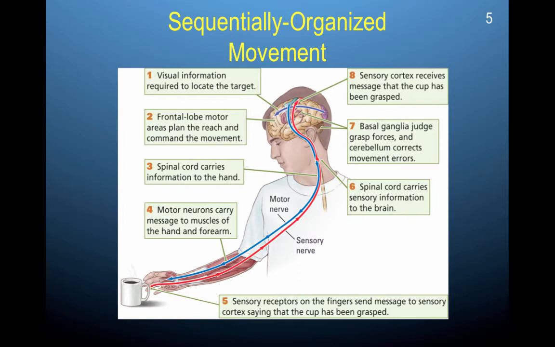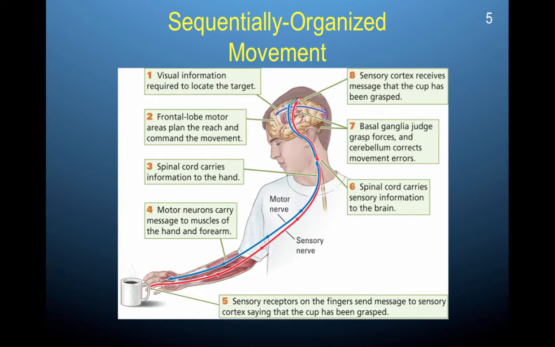This receives this message that the cup has been grasped, and then there will be connections between the sensory cortex and the motor cortex that will then also signal, okay, the cup has been grasped, and so then the next series of movements can be planned, which would basically be after you grasp the cup, then the next series of movements would be to lift it. And that would again involve instructions from the frontal lobe to plan the movement.